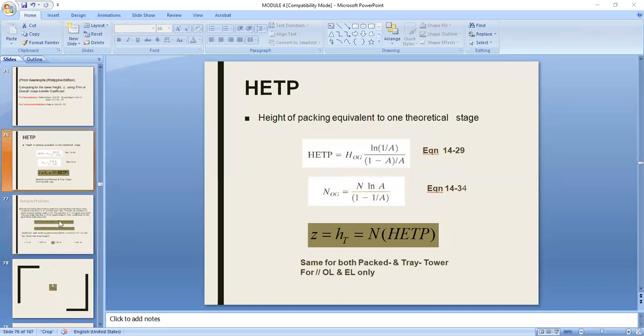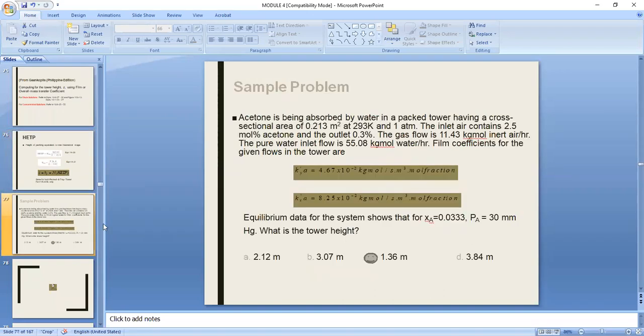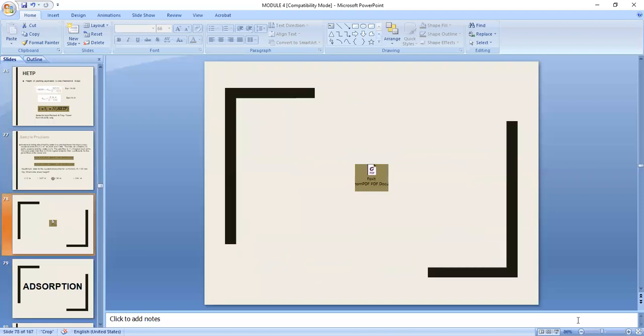Okay, you have this sample problem on the determination of the tower height. And the detailed solution to this problem is in here. So if this is clicked, you have the corresponding PDF file.